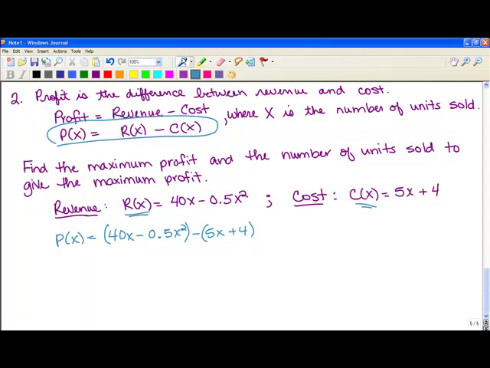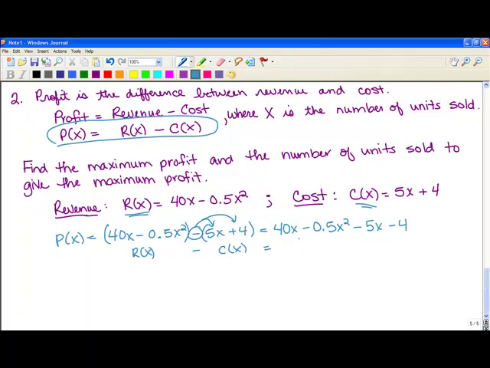Now we need parentheses around each function. This is R of X minus C of X. Now, because we have a minus involved here, we need to distribute the minus to both terms. So this function turns out to be 40x minus 0.5 x squared minus 5x minus 4.